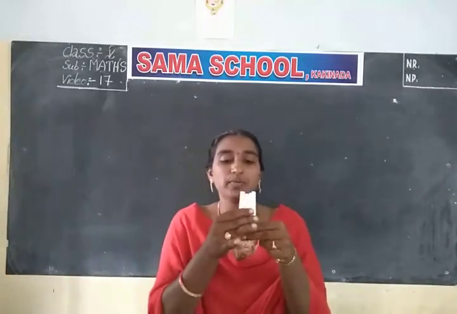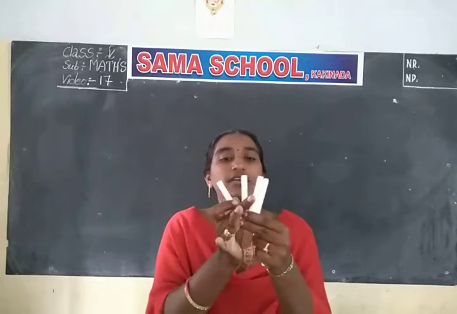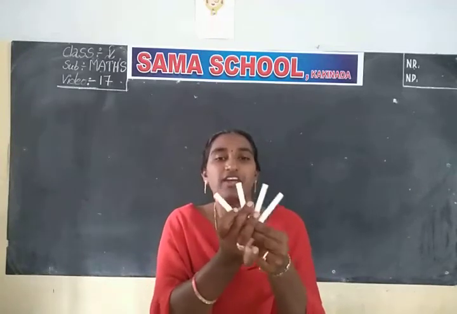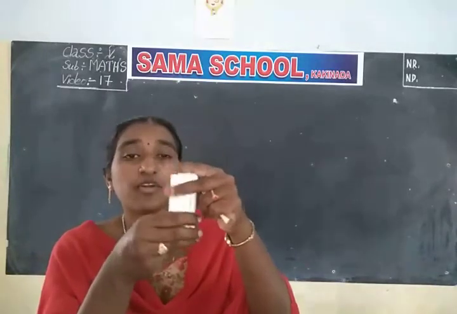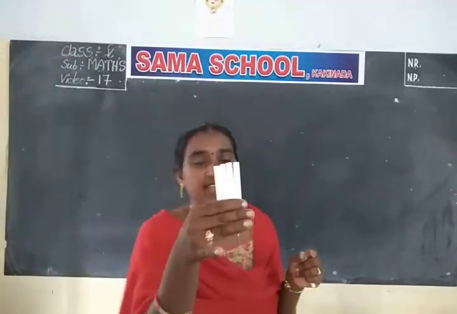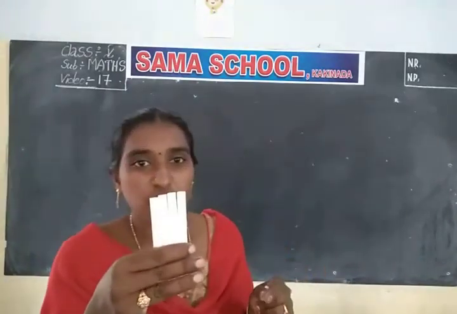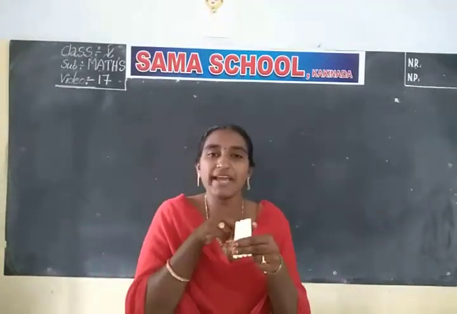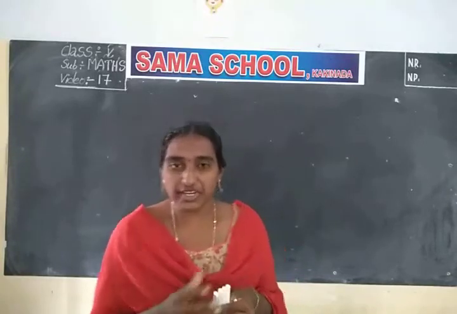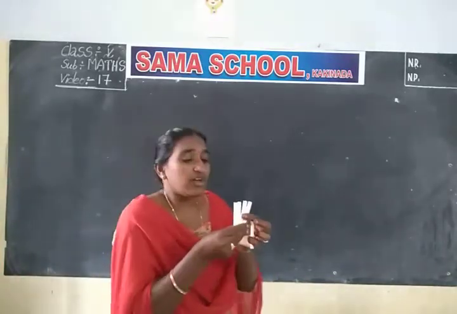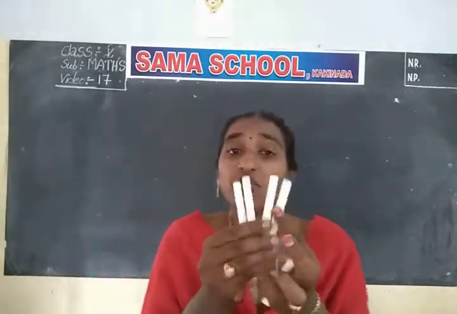How many chalk pieces am I showing you? 1, 1, 1. Can you say it like that? No. How can you say the number of chalk pieces in my hand? You can say 4. That means you are combining all the chalk pieces and giving the answer.